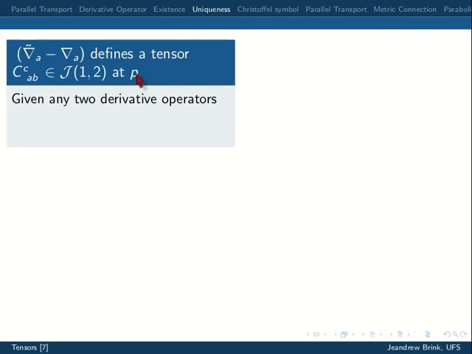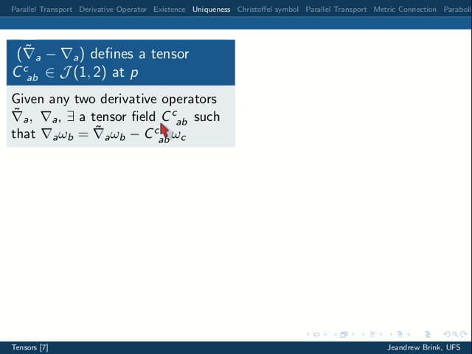And what it does is, if you're given two derivative operators, delta tilde A and A, you're going to have this tensor field such that if you work out the change in the two derivative operators, it's simply a linear map of C. So what we did in the previous slide is we proved that the change in the two derivative operators depended only on the point C. The moment you have that, you can express their difference in terms of a tensor applied to the point WC.